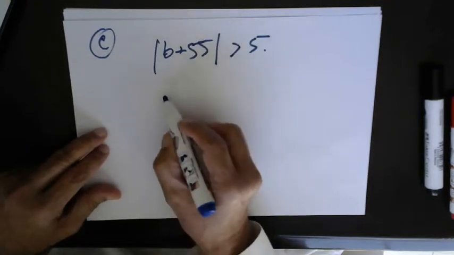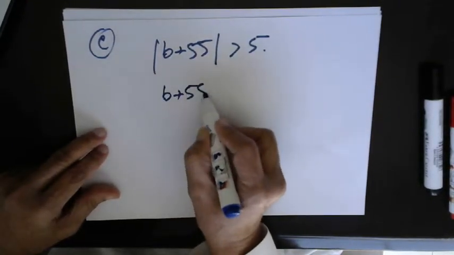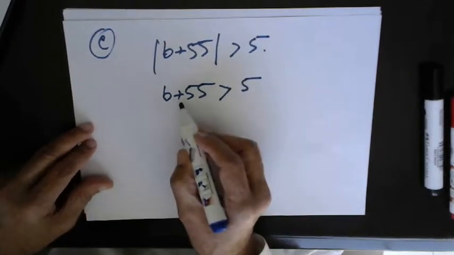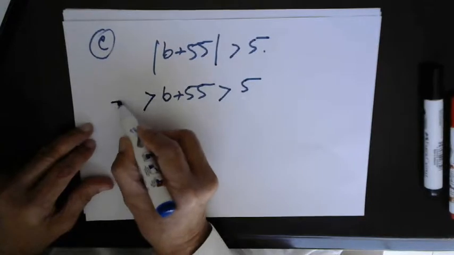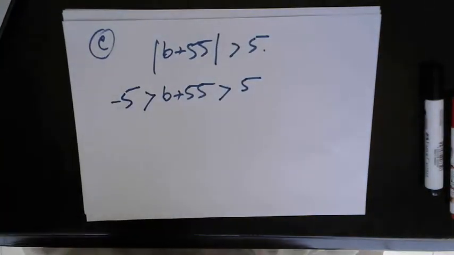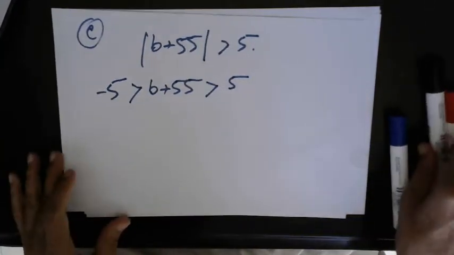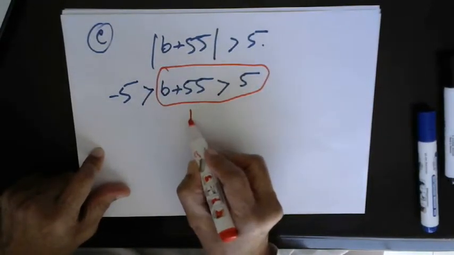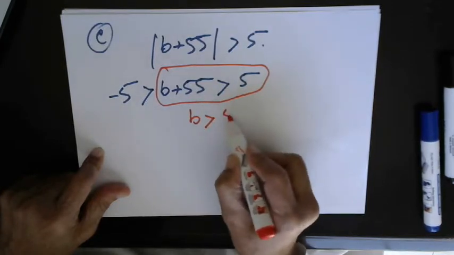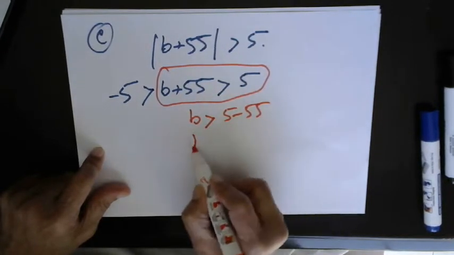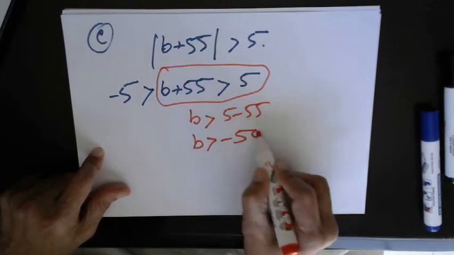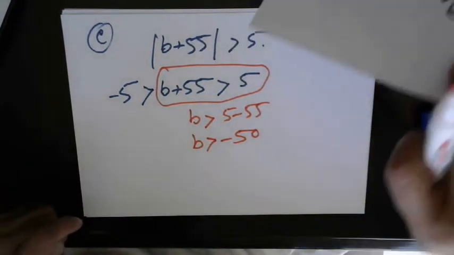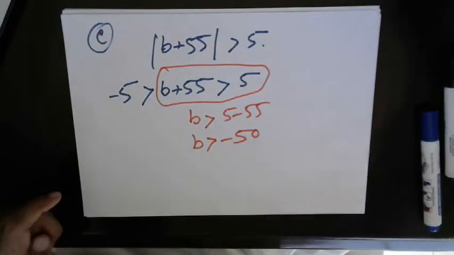Okay, which means what? B plus 55 can be greater than 5. This is positive, or it will be less than -5. As before, we consider this inequality. That will give me B greater than 5 minus 55, that is B greater than -50. I hope you remember the number line here. Okay.